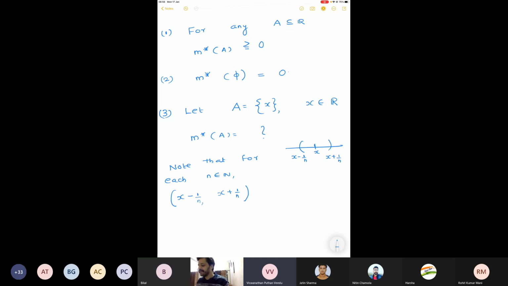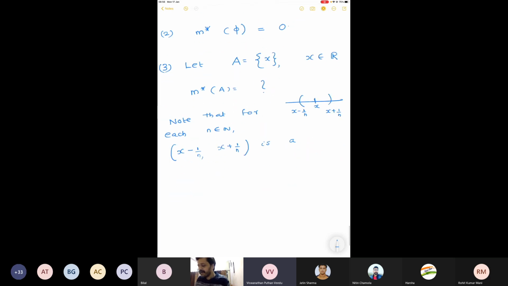It is a cover of the set {x} consisting of open intervals.